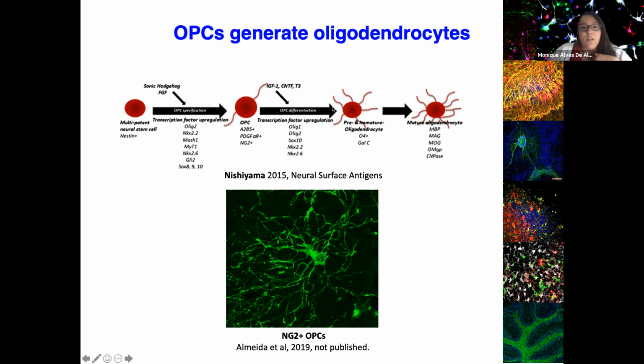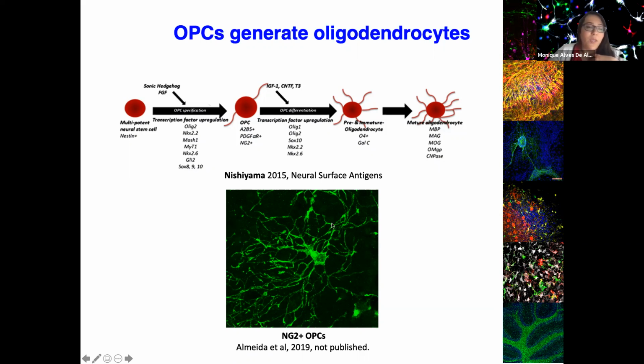And differentiation into mature oligodendrocytes is associated with the acquisition of myelin-related proteins such as myelin basic protein, MBP, and myelin-associated glycoprotein, MAG.